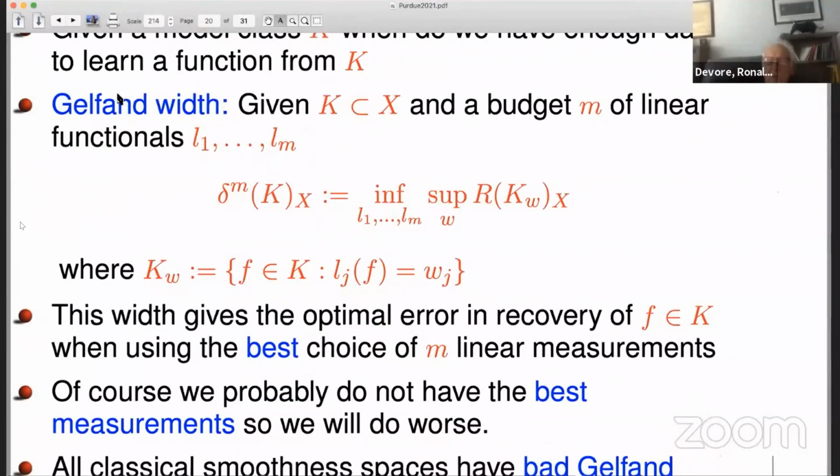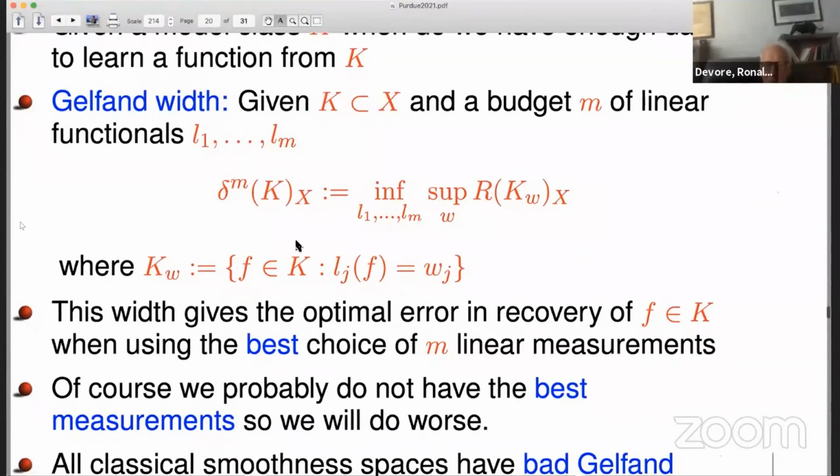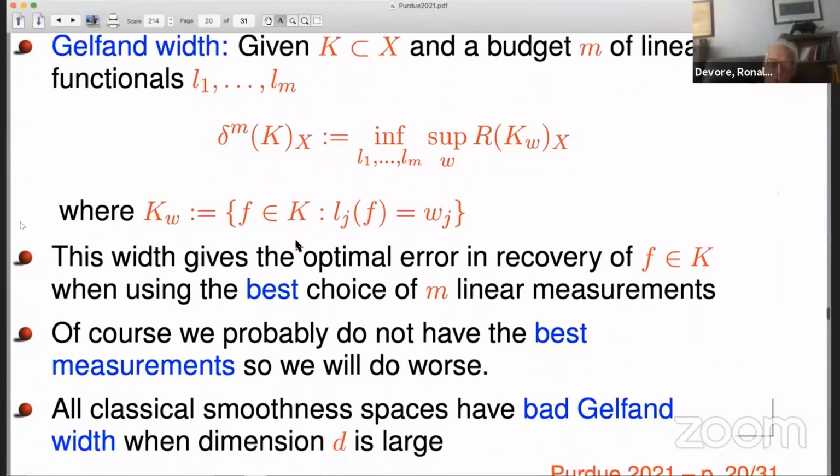There are ways to measure how well you can do. The most famous is the Gelfand width, which says that if you allow any m linear measurements, that is, any m linear functionals, and you choose these linear functionals, these data sites, as best possible for the set K, then it tells you how well you can do. In your given setting, you'll never do better than the Gelfand width.